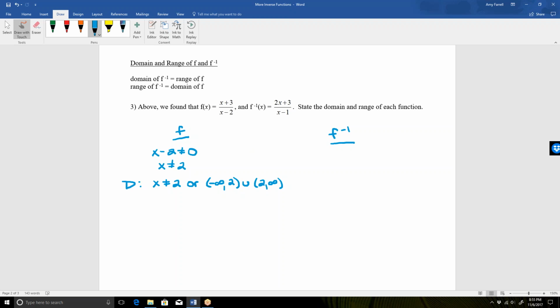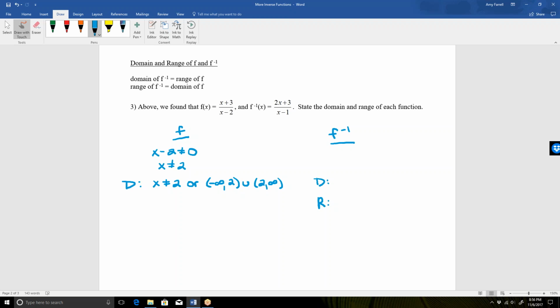So the domain of f is equal to the range of the inverse function. So we actually just found the range of f inverse. The domain of f inverse we don't know yet, but the range, we just found it. Now, the range is the set of possible y values.